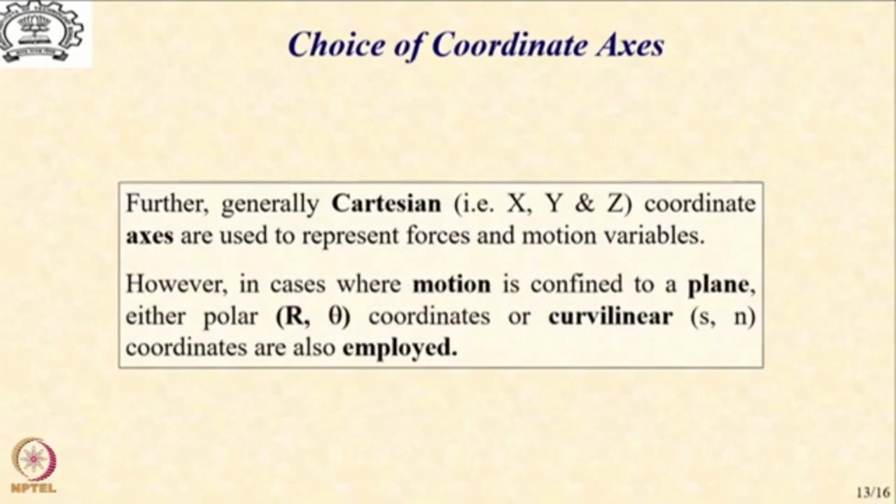However, in cases where motion is confined to a plane, which will happen in most of the ascent missions, we can either use xy or polar coordinates r theta, or even curvilinear coordinates s and n to represent the motion of the rocket center of mass starting from liftoff to its terminal point.